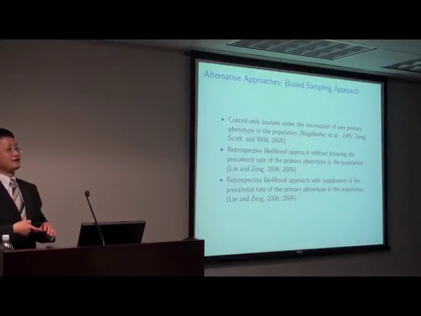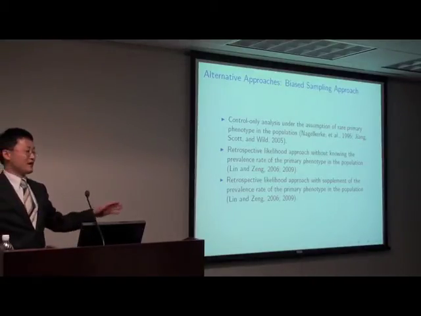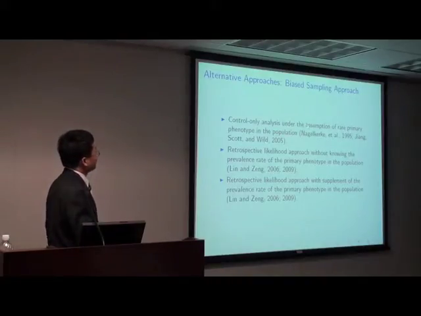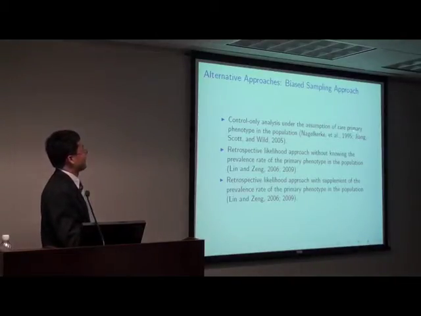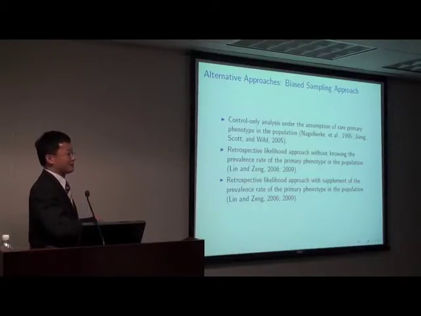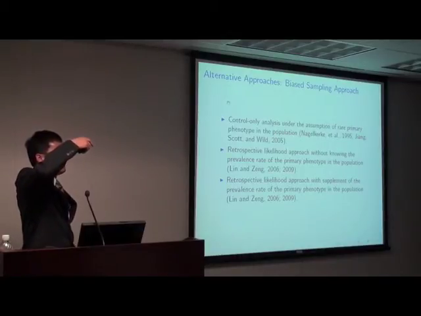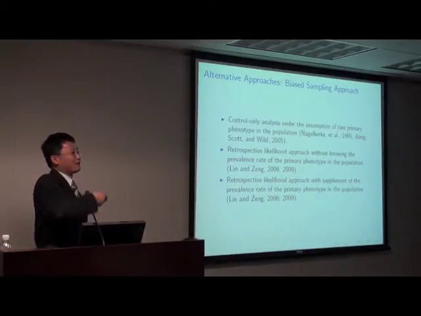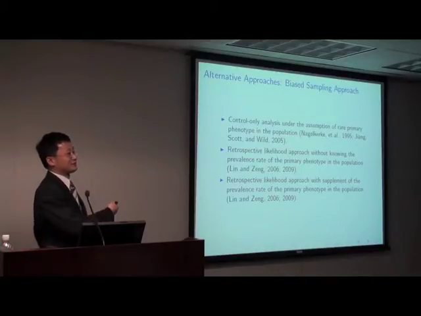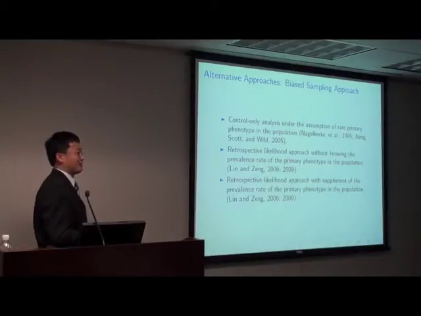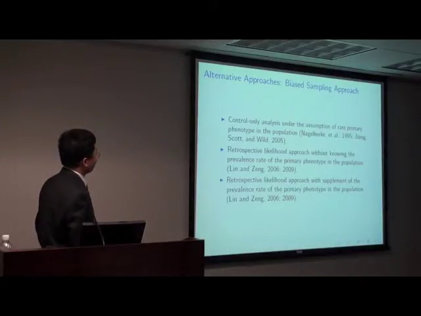So you think in the population there are many controls. This basically assumes that the disease under study is very rare. In our situation, it says the high-density lipoprotein limit is relatively rare in the population, but that's not true, because we sampled from 90% of those subjects. That's not quite rare.